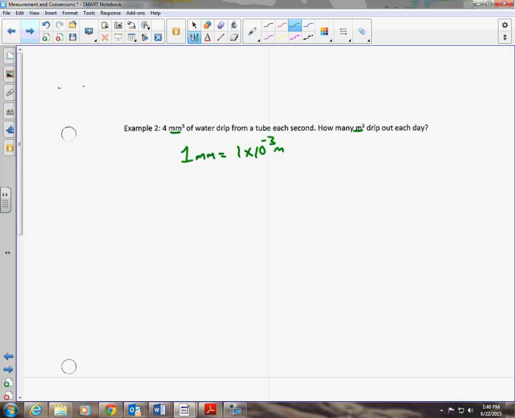We're also trying to get from seconds to days, so I'm going to use 60 seconds is 1 minute, 60 minutes is 1 hour, and 24 hours is 1 day. I write down my given, 4 millimeters cubed.